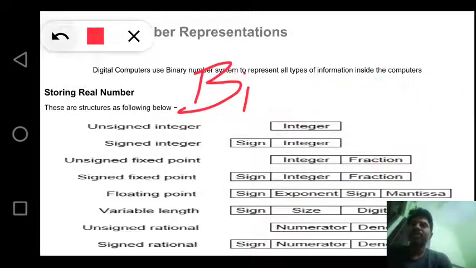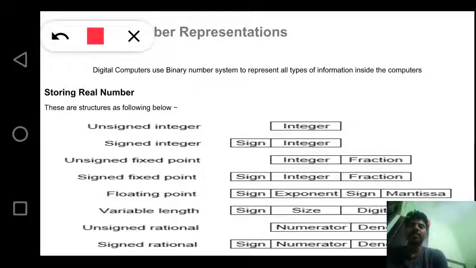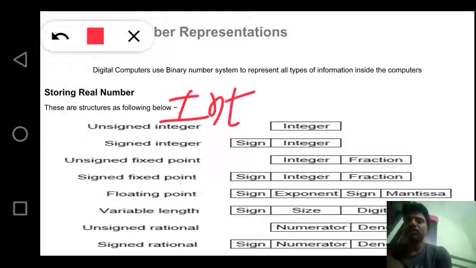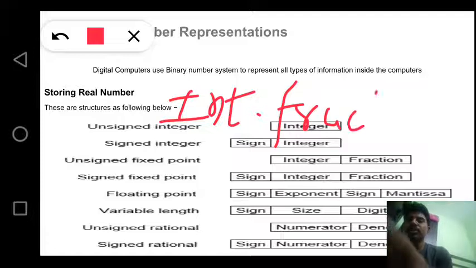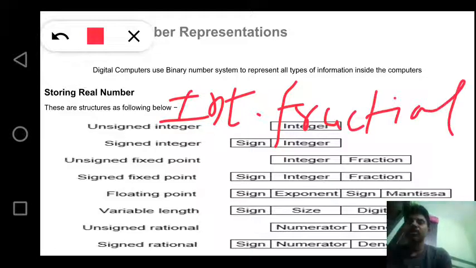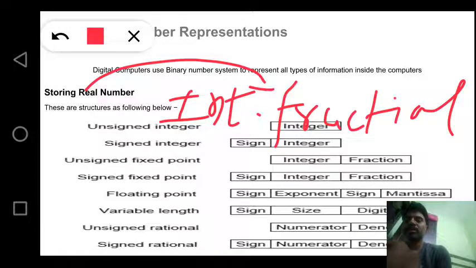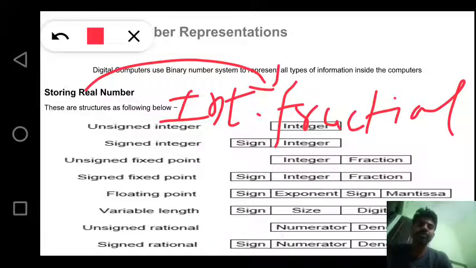So the important thing is how to store a real number. A real number, as I said, means a number which contains an integer part followed by a binary point and a fractional part. It is very important to understand this.